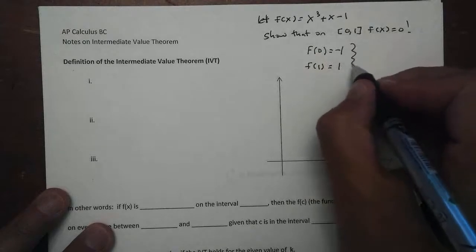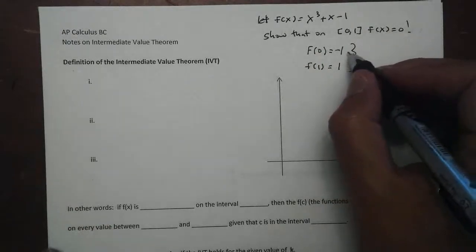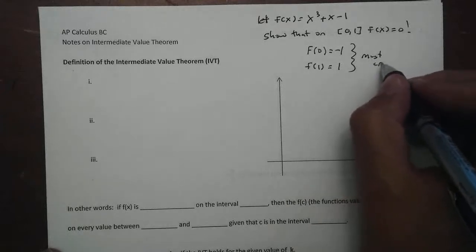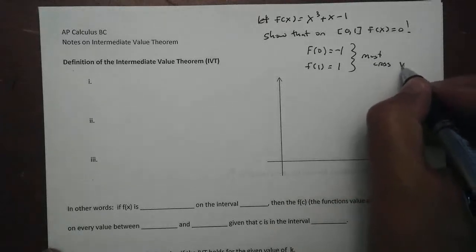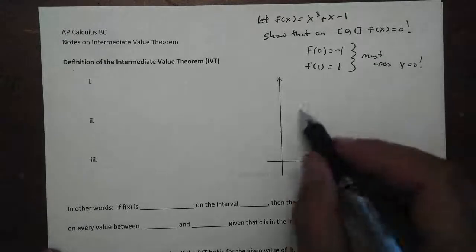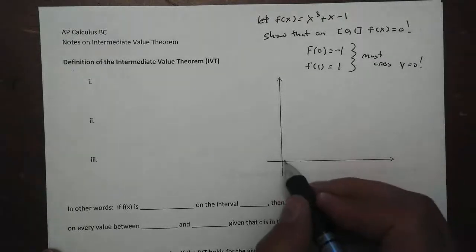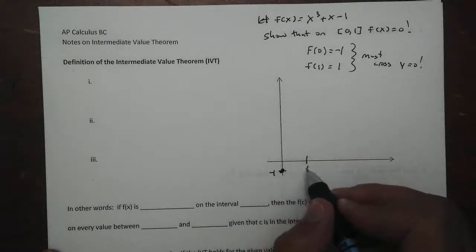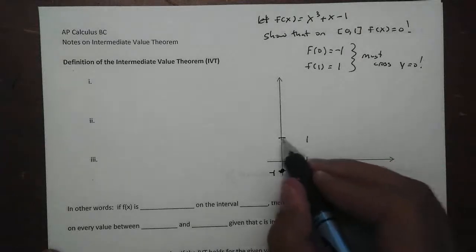So let's see here. Well, we are going from negative 1 to 1. So at some time, we must cross y equals 0. And we can see that graphically pretty easy. At 0, we are at negative 1. And at 1, we are at a y value of positive 1.